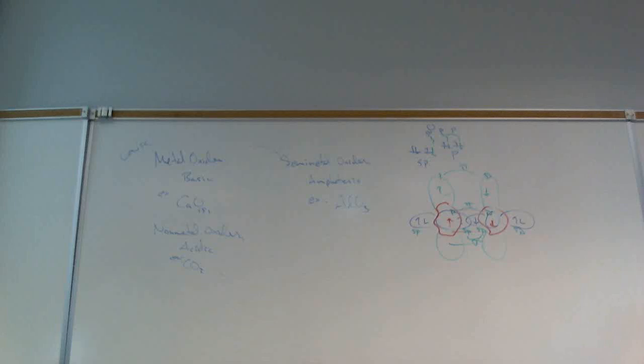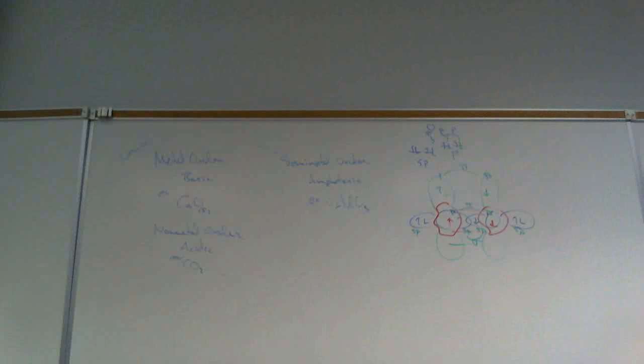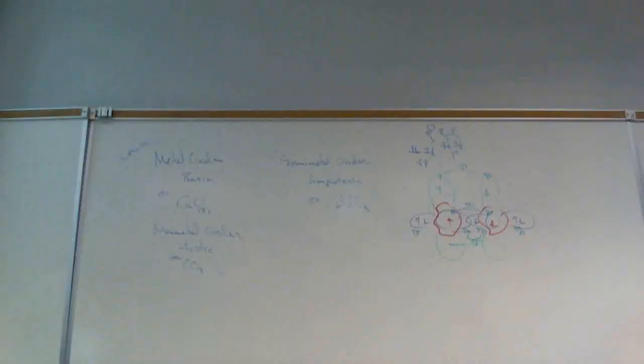And so iron has how many core electrons? 18? Yeah, 18, right? So 18 minus 22?